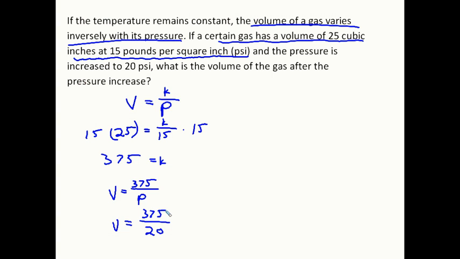So we just take 375 and divide it by 20, and we get 18.75, and this would be measured in cubic inches, or inches cubed. And notice as we increased the pressure, the volume decreased.